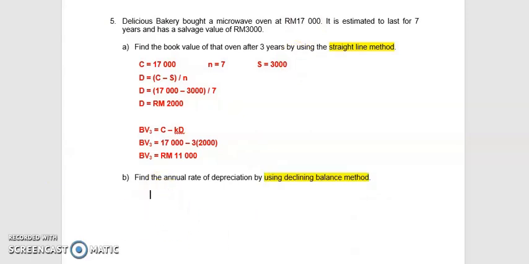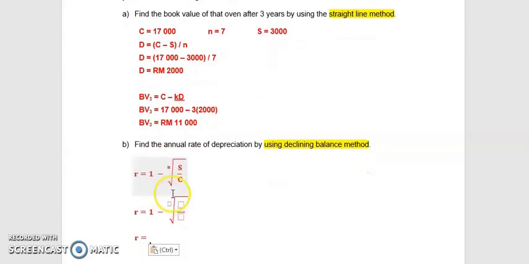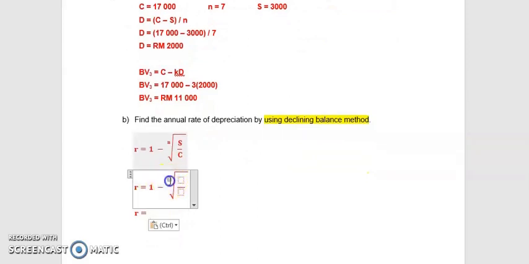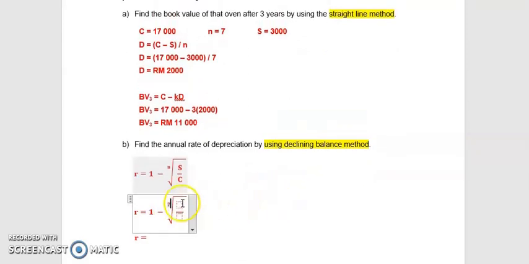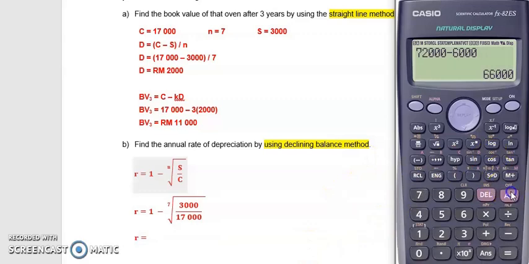For this you use the formula R equals 1 minus the 7th root, n equal to 7, of scrap value 3,000 divided by cost 17,000.